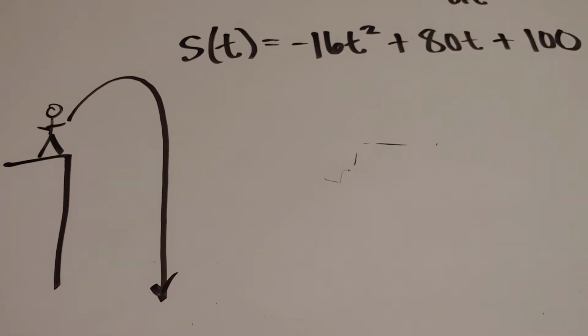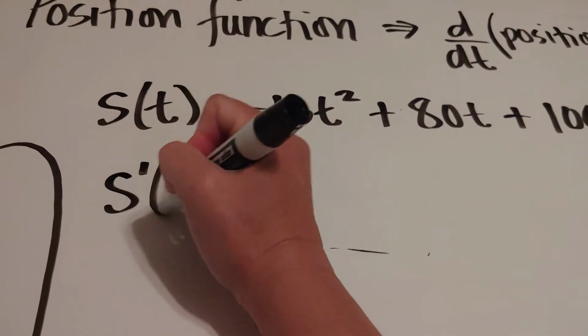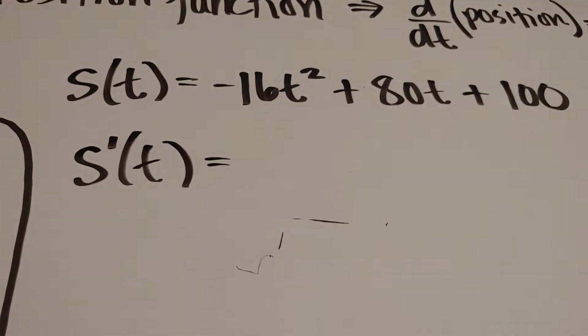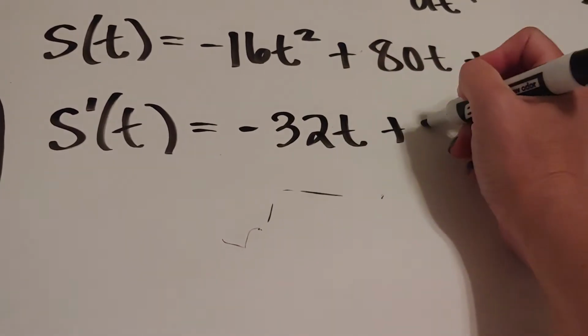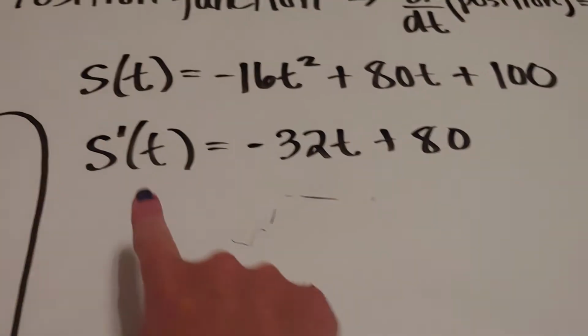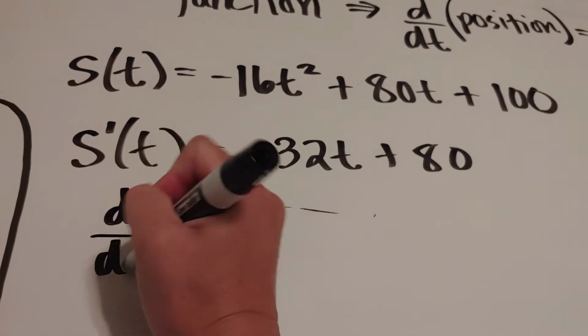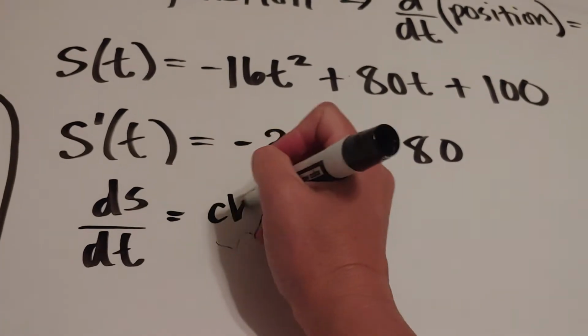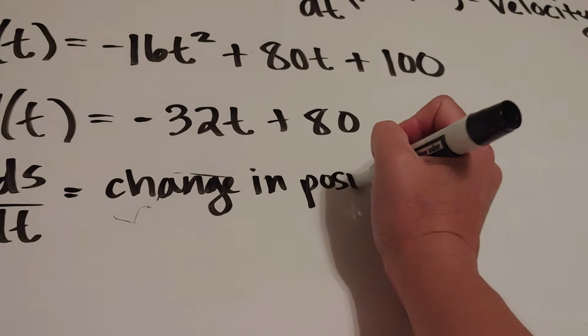Now let's talk about the derivative. When I take the derivative, I could do that pretty quickly using our rules. The derivative of this would be negative 32t plus 80. Remember we were talking about rate of change. This is ds/dt, the change in position per time.